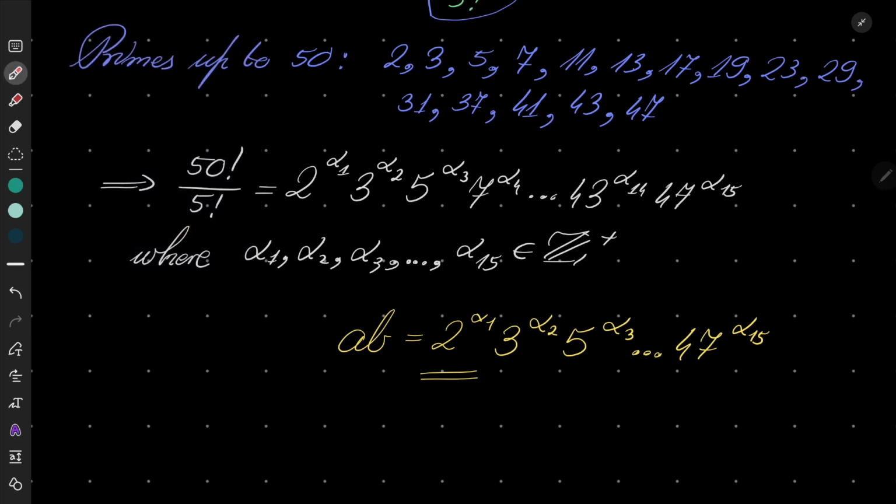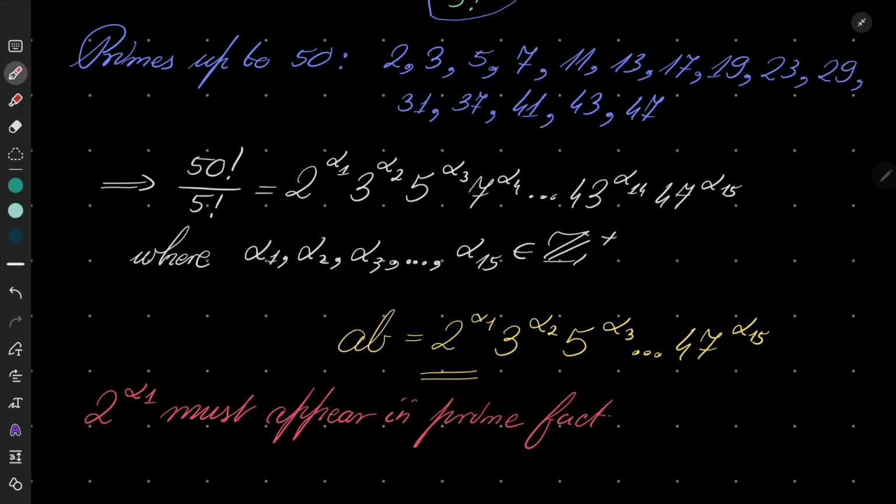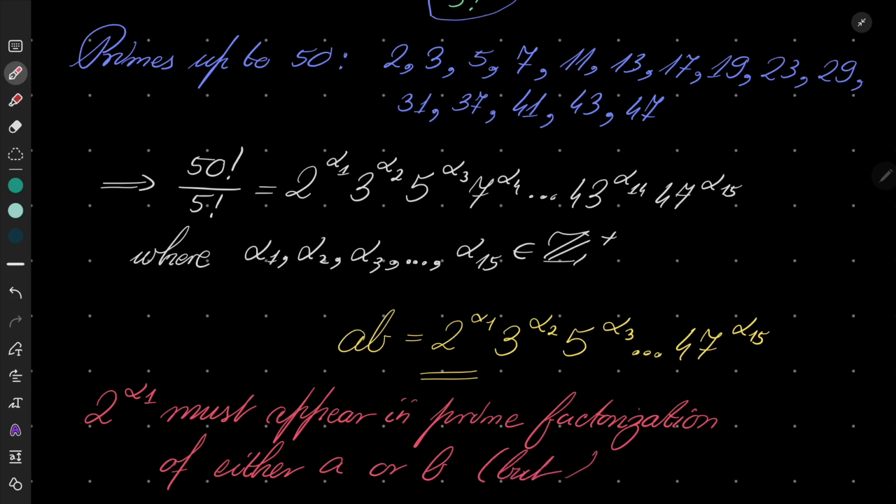It's combinatoric reasoning. 2 to the power alpha 1 must appear in the prime factorization of either A or B, but not both. So we have two ways.